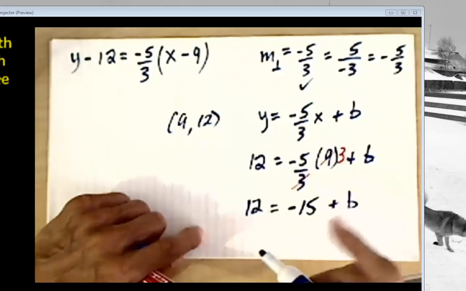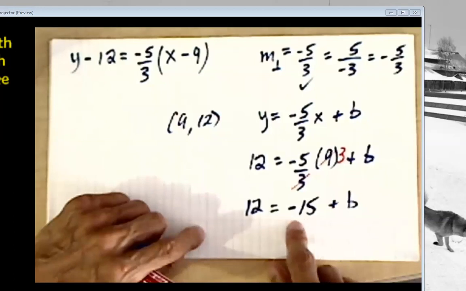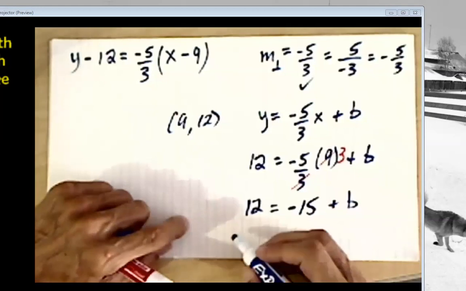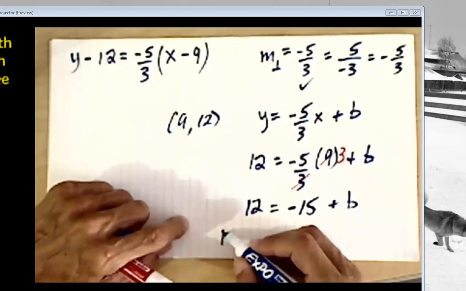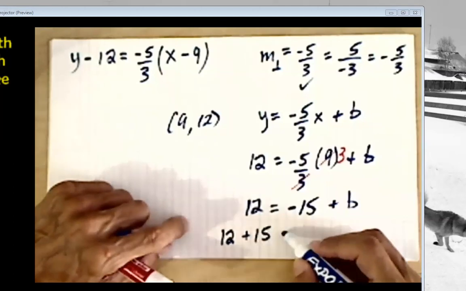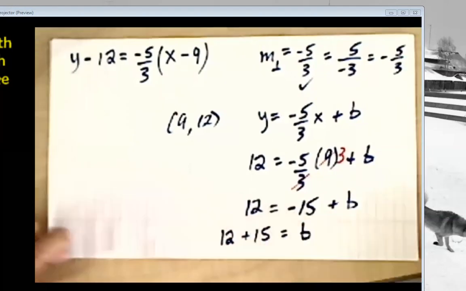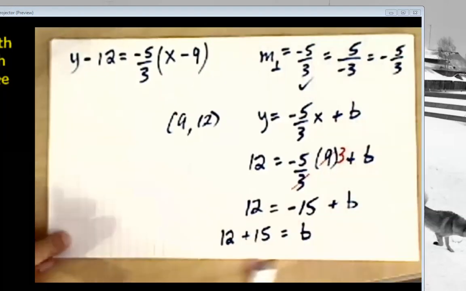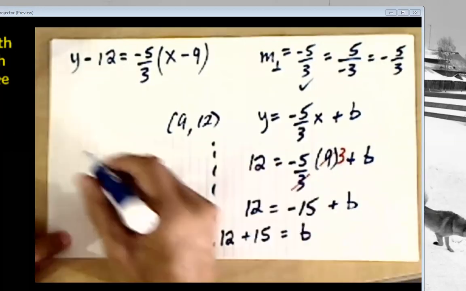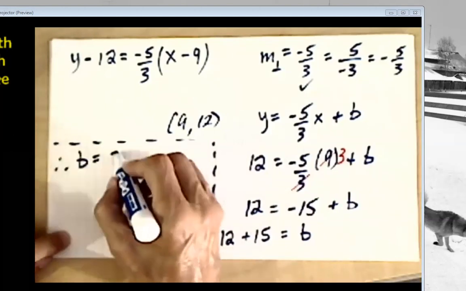Slow motion is okay. We want B by itself, right? Move that out of the way. Where does it go? Other side. What happens? B positive. I'll take 27. I'm glad you remember. So we get this for sure. And then the final answer, jumping around a little bit. And so therefore we get B is equal to plus 27.